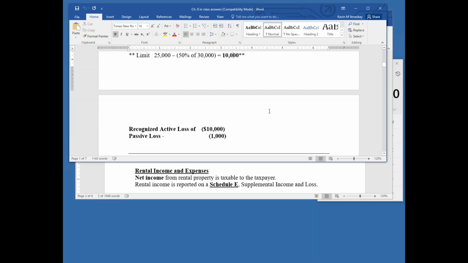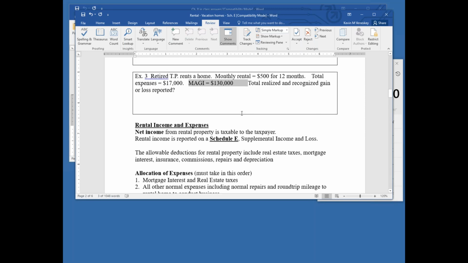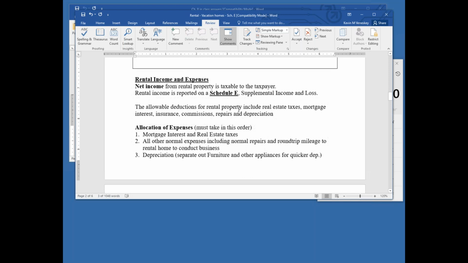That would be what's considered my recognized loss. Anything else would be a passive loss that has to offset other passive income. Okay, so the key rules there: remembering the $25,000 limit, and then that there are phase out rules involved as well. Just some things to keep in mind later on.